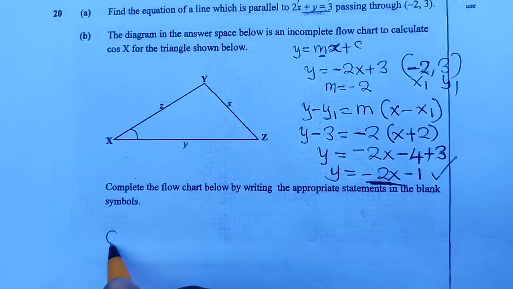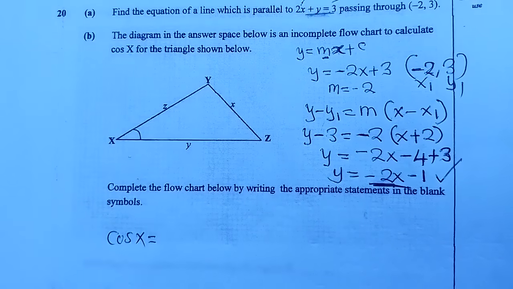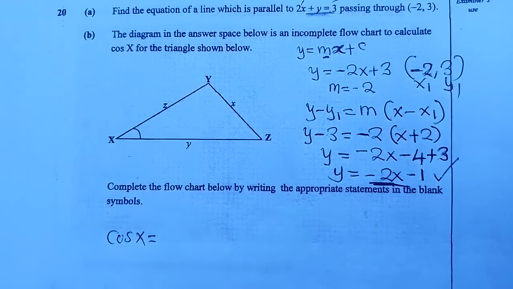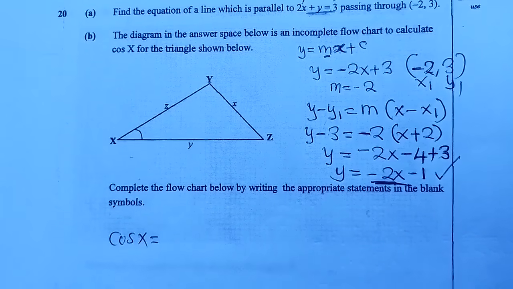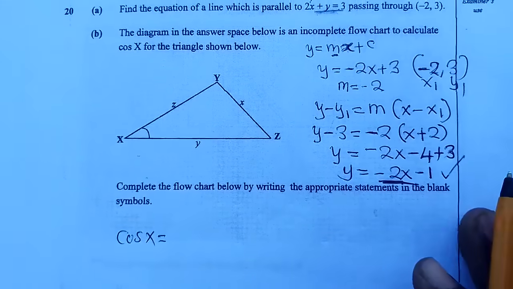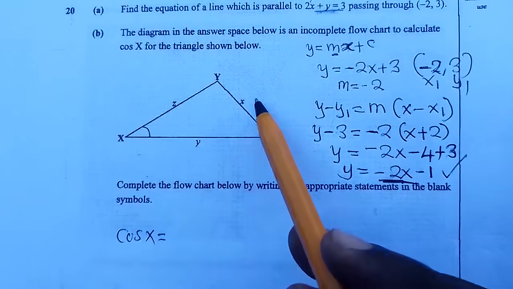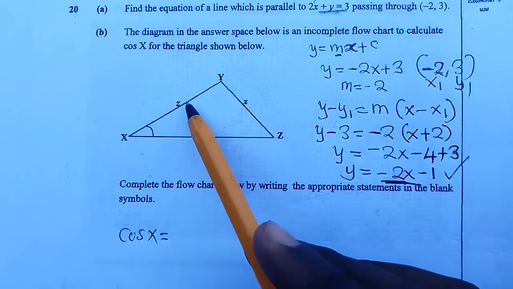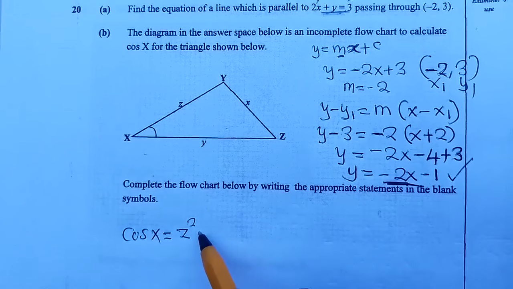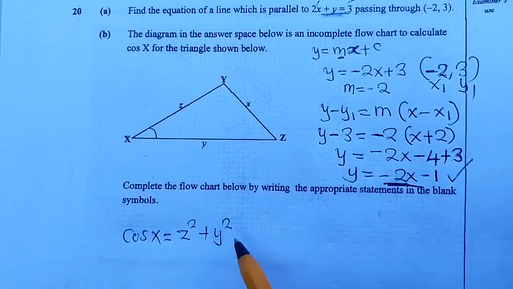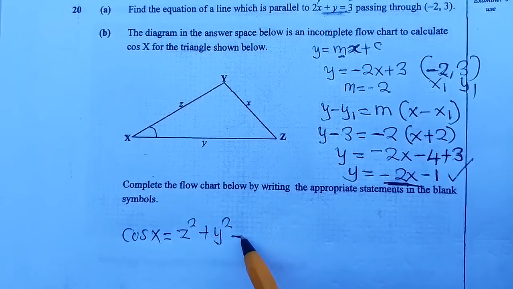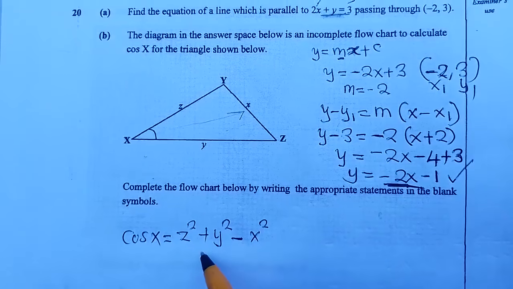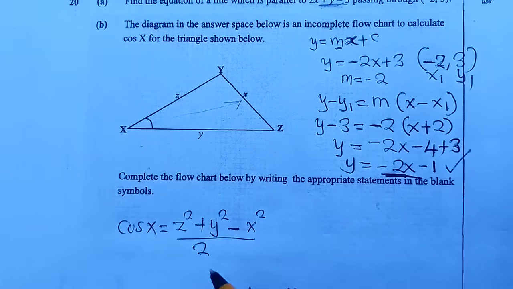You know that if you recall the formula in trigonometry, where you are given all three sides, cos x is equal to, you get the two sides that enclose the angle: z squared plus y squared, then minus the one that is opposite, minus x squared, over 2 zy.